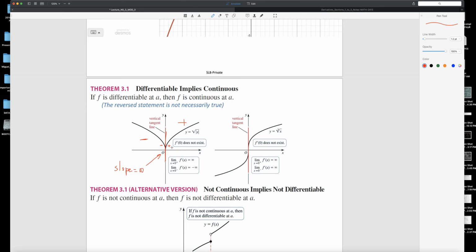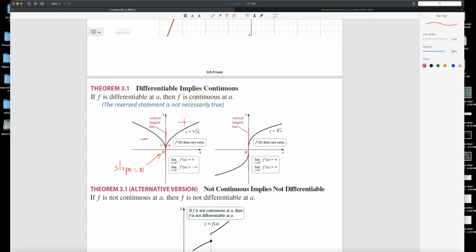The other conclusion is that if the function is continuous, not necessarily does the function have a derivative at all the points. So, if the function has a derivative at a point A, the function is continuous at A, but the reverse is not necessarily true.